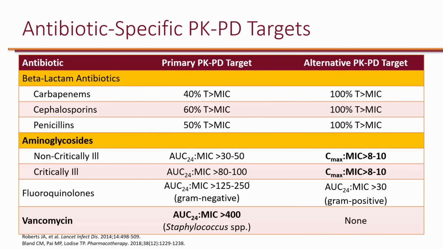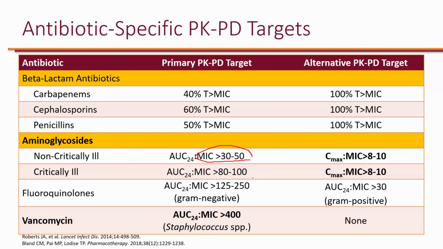Now, here are some PKPD targets for commonly used antibiotics. For aminoglycosides, the best PKPD target is AUC to MIC, specifically 30 to 50 for non-critically ill patients, and 80 to 100 for critically ill patients.